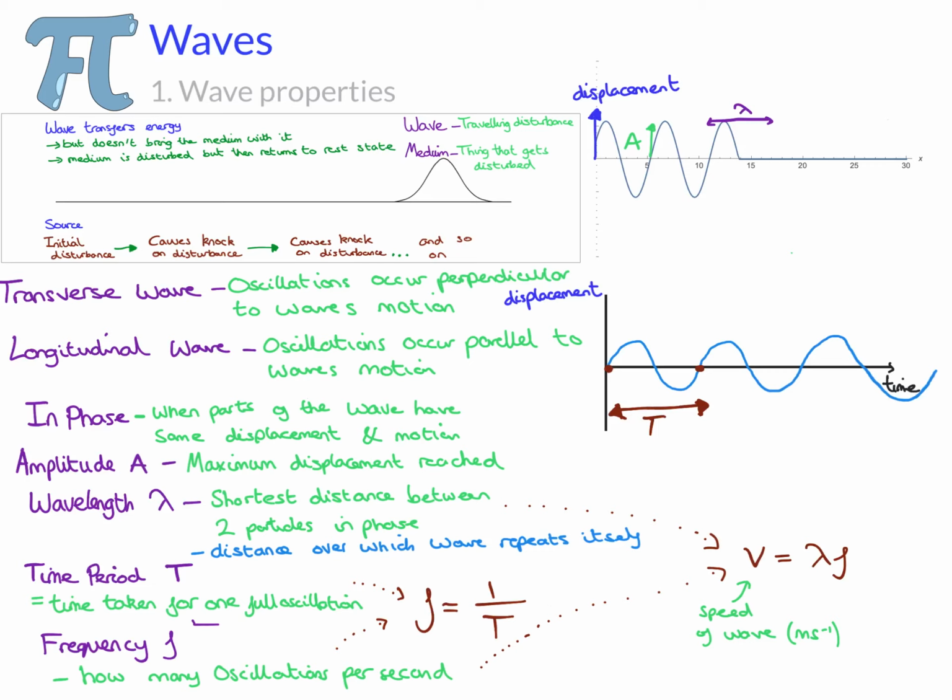The discussion is exactly the same, talking about the displacement of each particle from its rest position. The only difference now is that the direction that the particle gets displaced in is no longer perpendicular to the wave direction, but parallel. Transverse and longitudinal waves are both used to transfer energy and information from one place to another, without actually moving anything physical along with it.